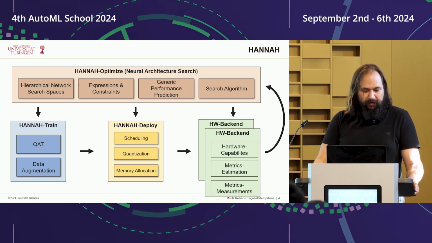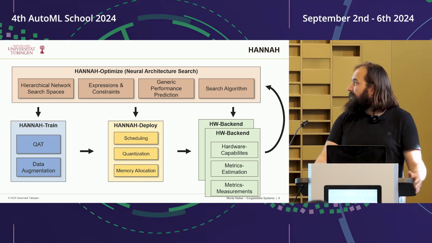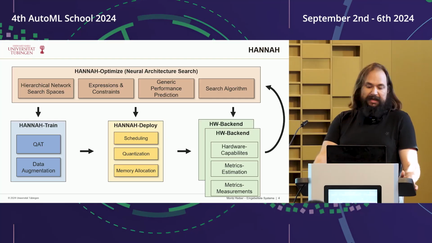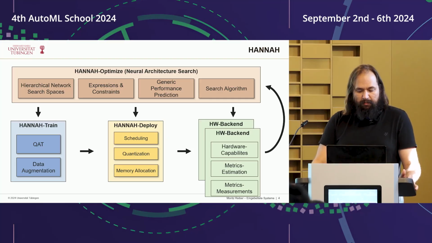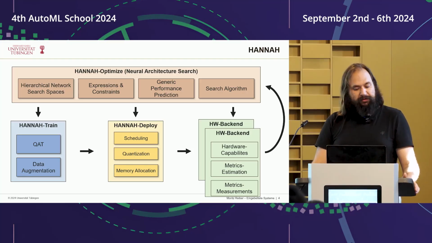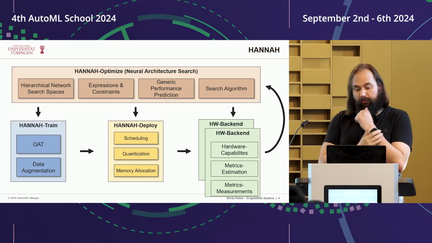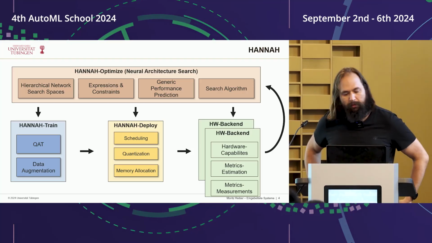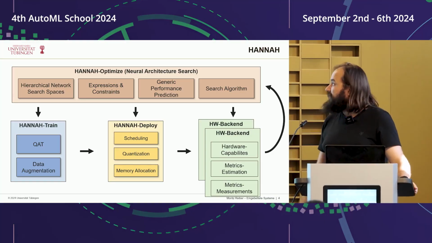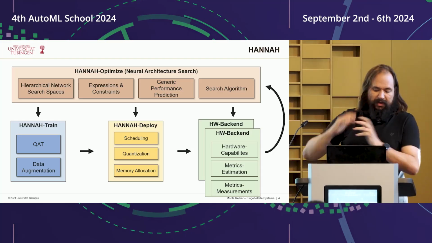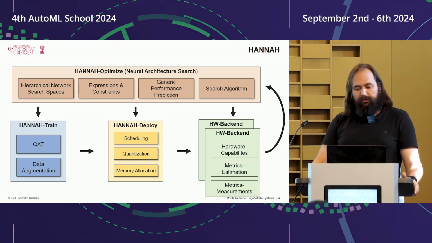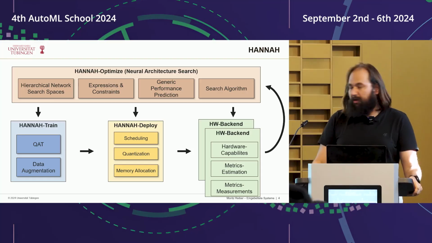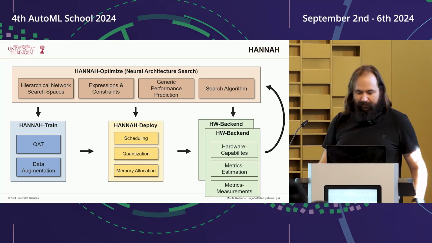So our core neural architecture search framework now consists of a hierarchical neural network search space description, a more interesting expression and constraint system to reduce the size of the explored space of neural networks, some generic ML-based performance prediction algorithms, and some pretty standard search algorithms for doing neural network architecture search.